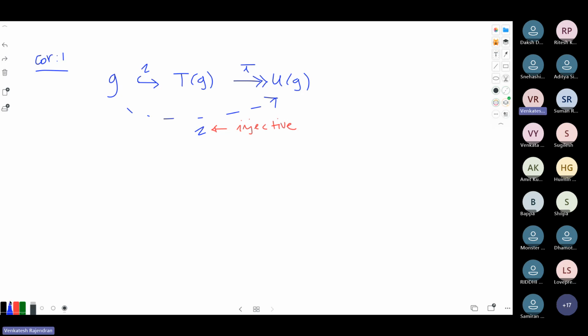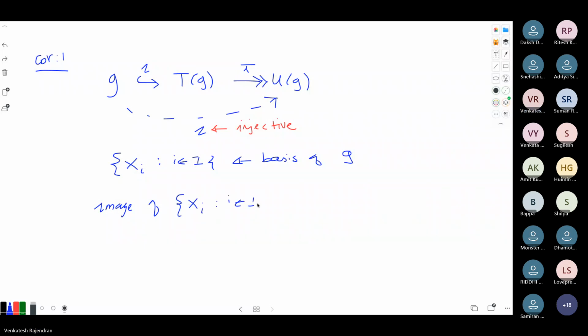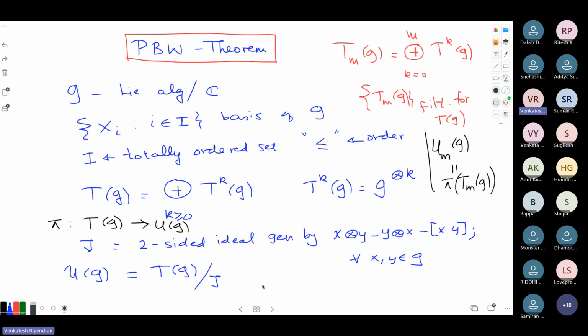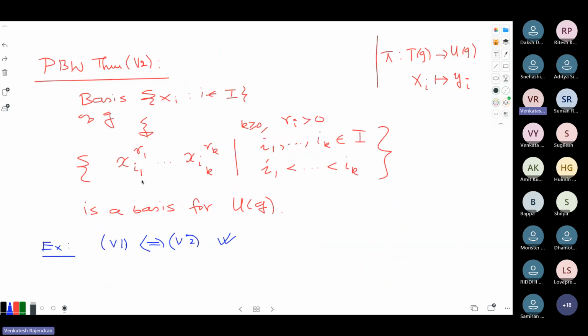So that is something obvious, because if you look at the image of this basis, xi, i in I, it is indeed a basis of G. Then if you take the image of this, that is going to be just small xi, i in I. And note that it is just part of this monomial basis, because you are allowing all possible monomials.